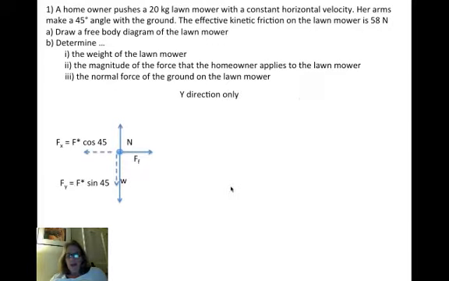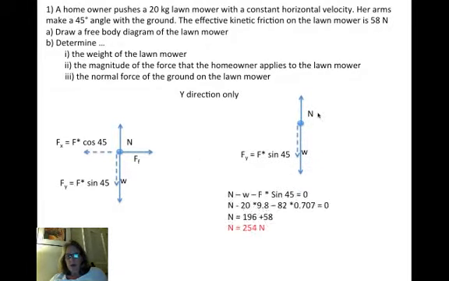Now I'm going to isolate the y direction, so I'm going to take only these forces that are in the y direction and write an equation for it. So I have the normal force, which is positive, minus the weight, minus the sine of 45 portion of that pushing force here, and that's equal to 0.